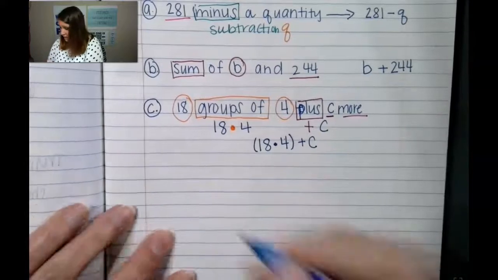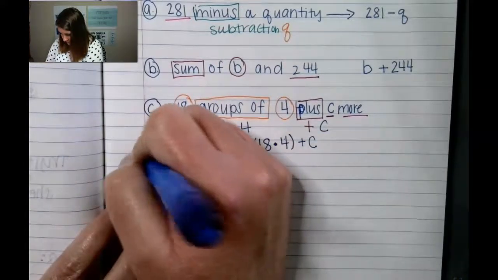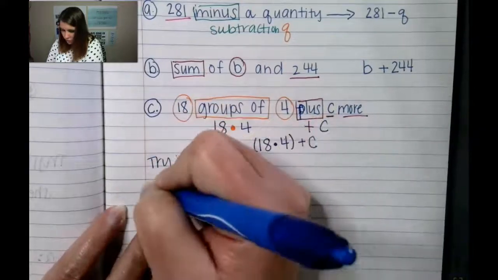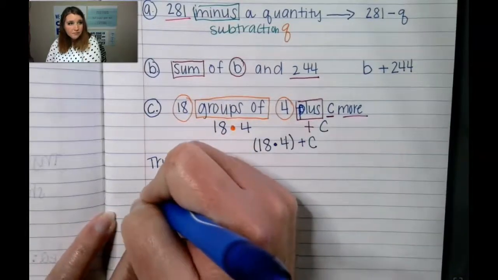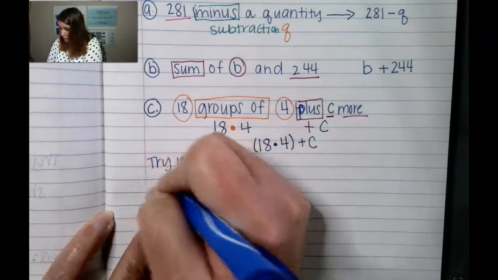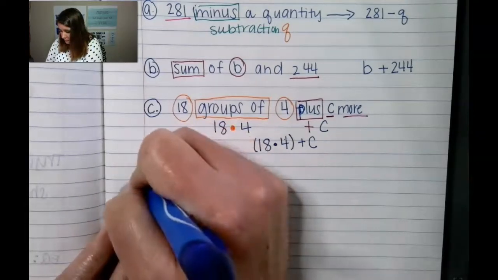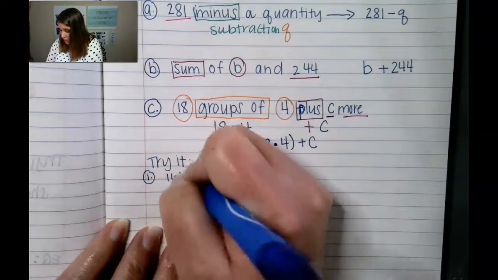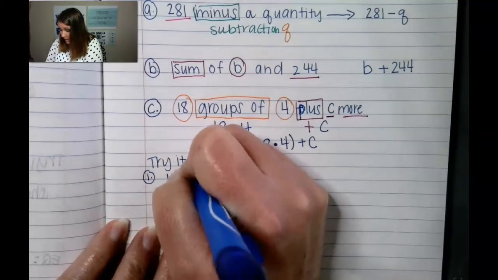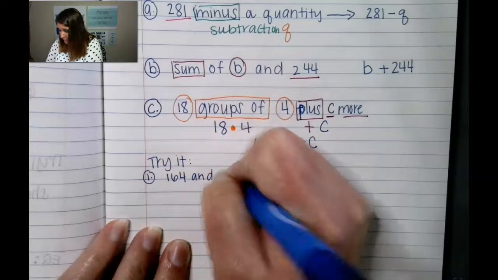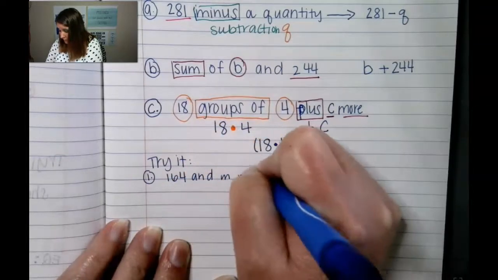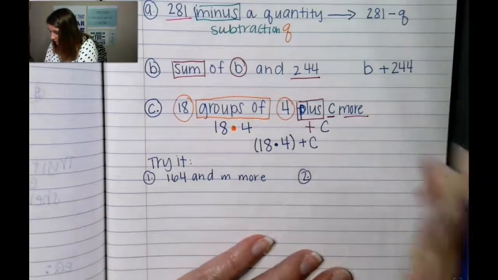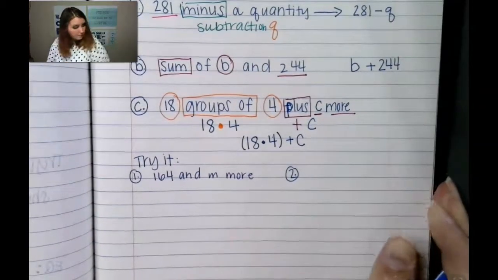Alrighty, here is your try it. Here is a try it for you. Okay, I want you to do this one. This is try it number 1. It says 164 and M more. And then try it number 2 says, let me get a different one.